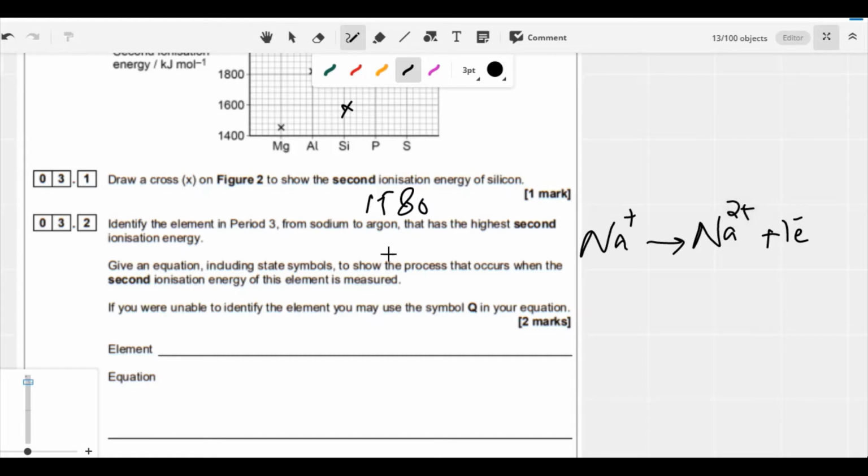Why? Because the sodium ion has 8 electrons in the outermost shell, so it is very difficult to eliminate one more electron. So it means that is the highest ionization energy. So you can write here sodium.